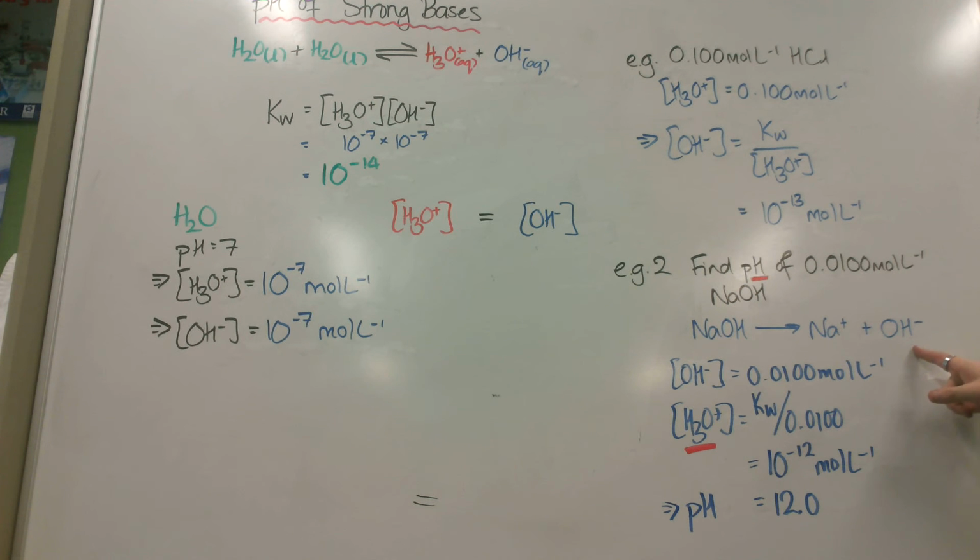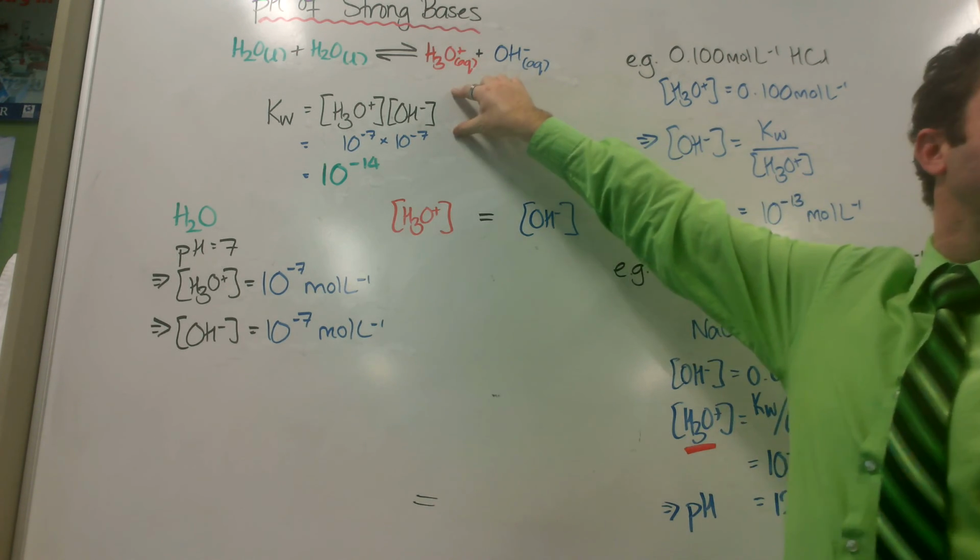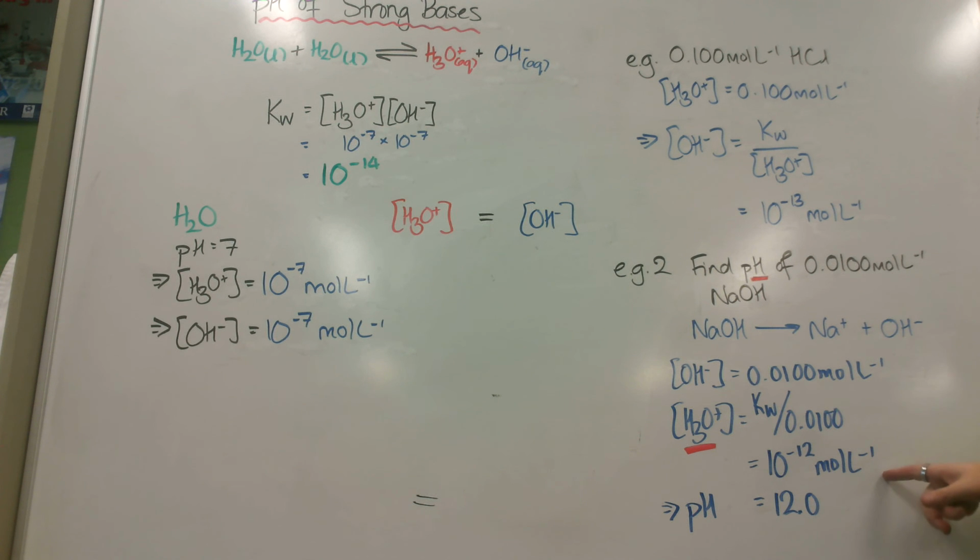If it's not, then you have to multiply it by whatever's in front of the hydroxide. So if there are 2 hydroxides made, it'd be 0.02, for example. Once you know that, you can then substitute that into this equation here, which is this one rearranged. Once you've got the hydronium ion concentration, do the negative log of that to get your pH.